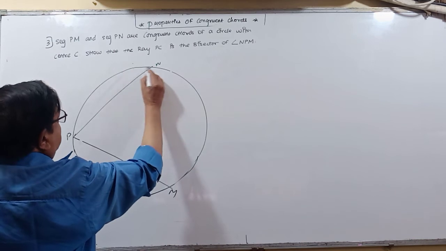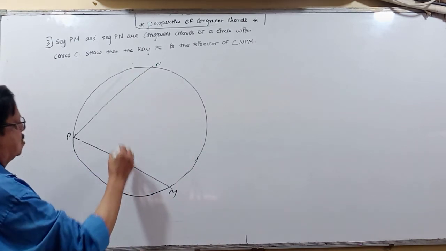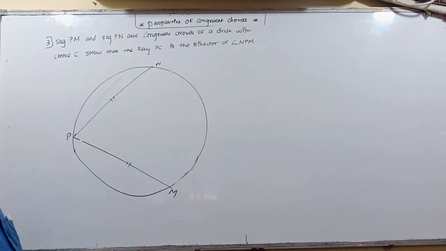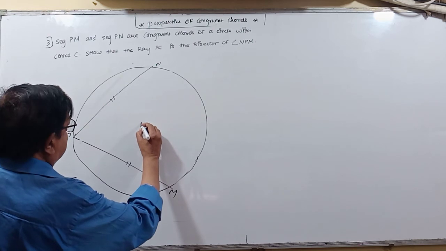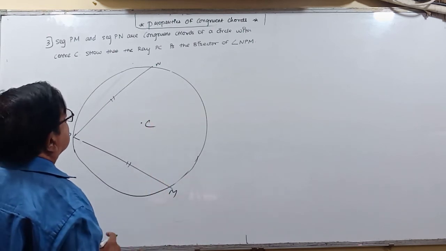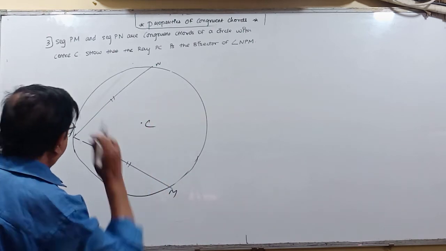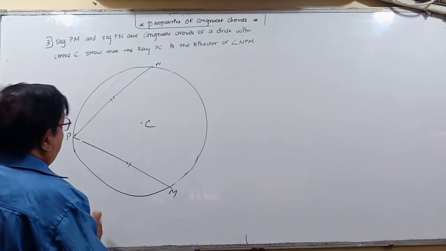They are equal, congruent chords, PM and PN. This is equal to this. And O is the center. C is the center. So we have to prove that PC is the angle bisector.